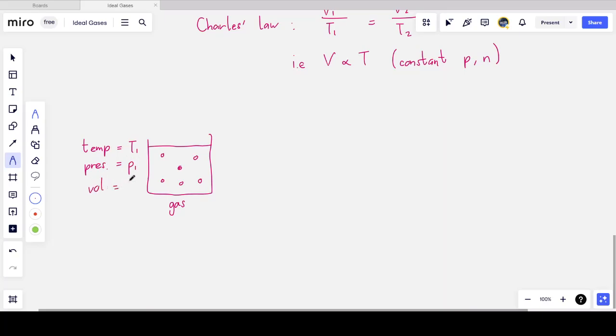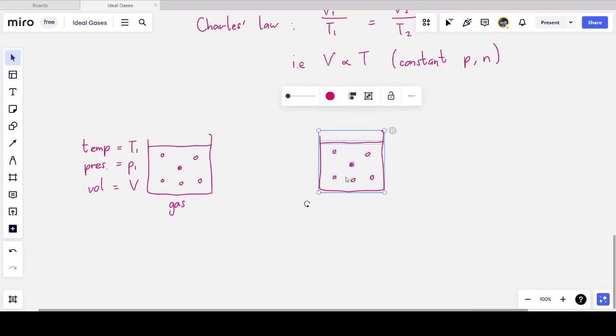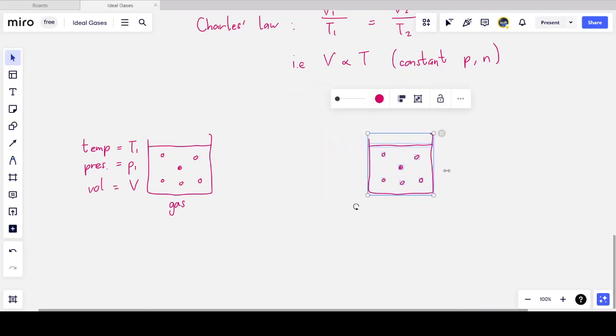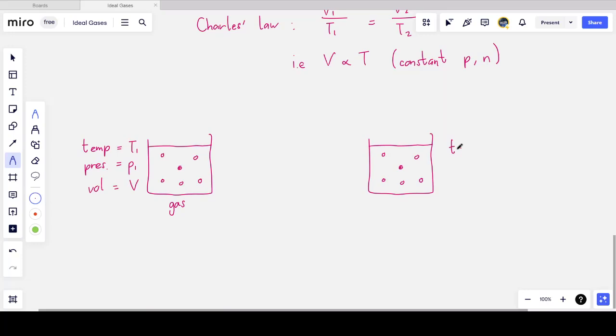The volume is V. At some later time, the same gas, after some thermodynamic process occurs, has a temperature T2, a pressure P2, so the pressure has changed, and a volume V. Now these experiments you can do in a physics lab, a chemistry lab, or you can watch a YouTube video to see the three of them very easily explained.